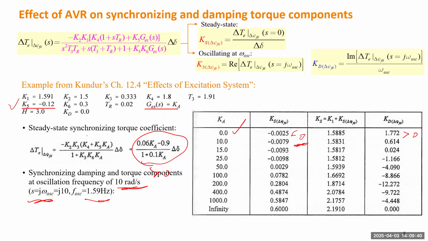So you want to address this negative synchronizing torque. That's why you want to increase the gain, and you eventually will make a positive synchronizing torque. But the damping torque becomes negative. For this case, K1 also contributes to the total synchronizing torque. So finally, you have good synchronizing torque, but damping torque can be bad.